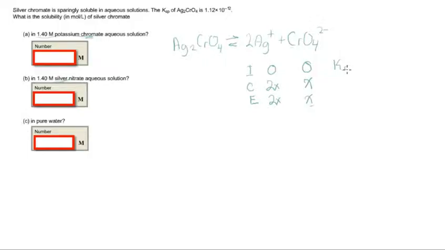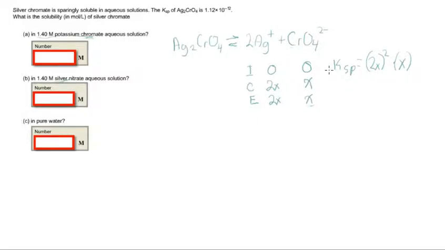Okay, so Ksp equals 2x squared, that's the silver, times x, and that's the chromate.